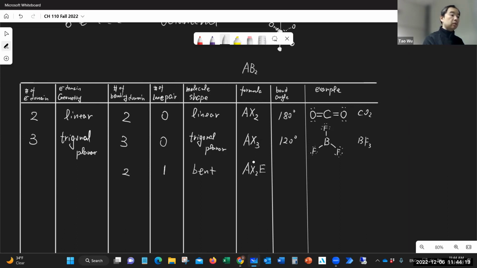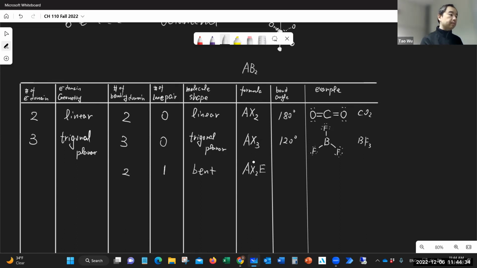The E means electron lone pair. They try to separate the electron lone pair from the atoms. So they write AX2E. The E means electron lone pair. So this guy still has 3 electron domains, but 2 bonds and 1 lone pair.